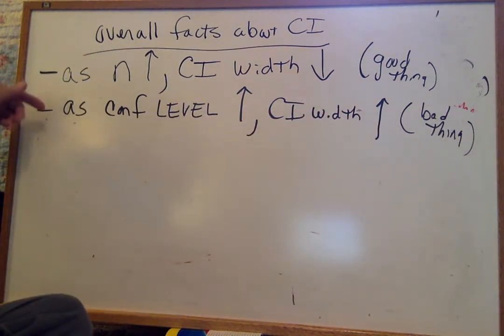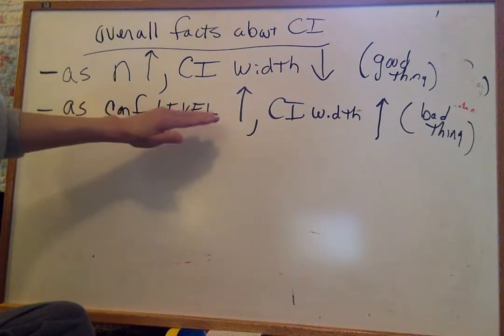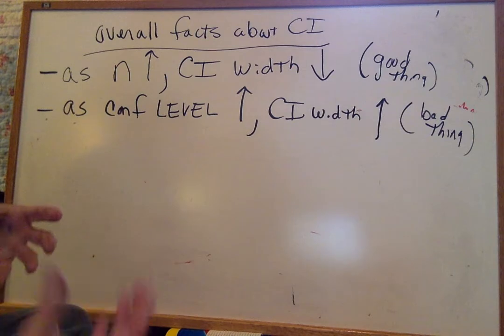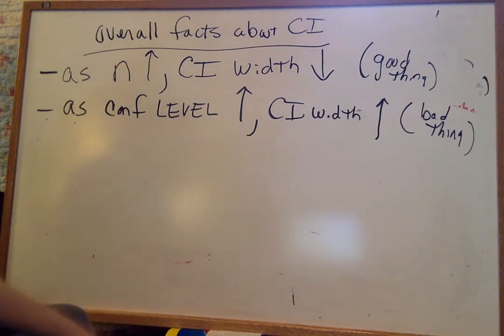Let me give you an extreme example. I am 100% confident that the mean SAT score is somewhere between 400 and 1600. Well, I'm 100% confident, but that is a totally useless statement because what I tried to do was go from minimum to maximum SAT score. So you can get really confident, but have the results be totally useless.